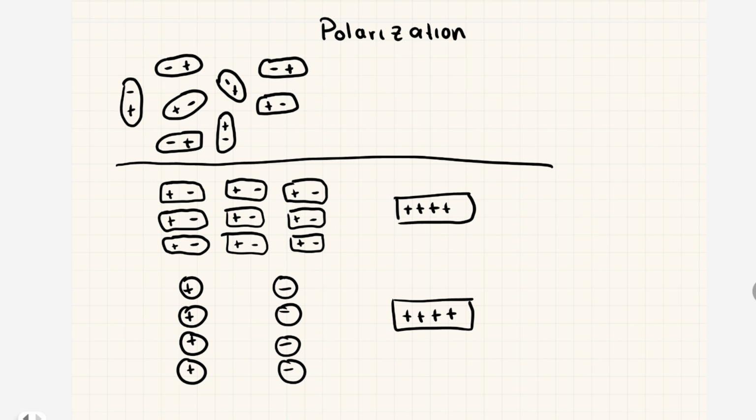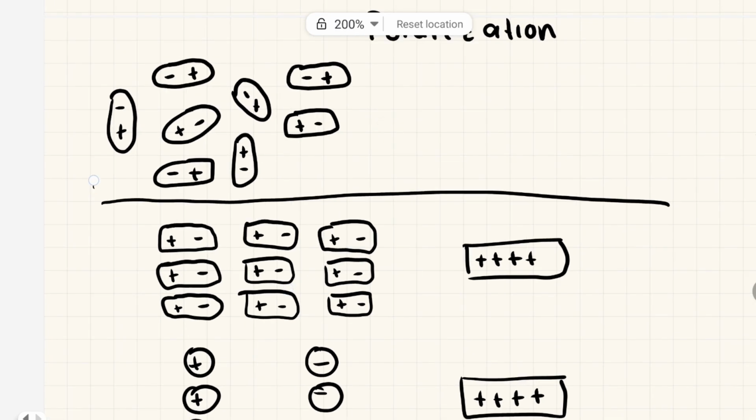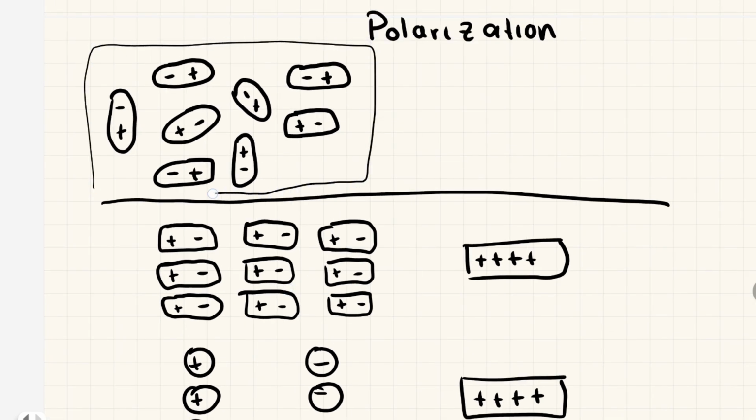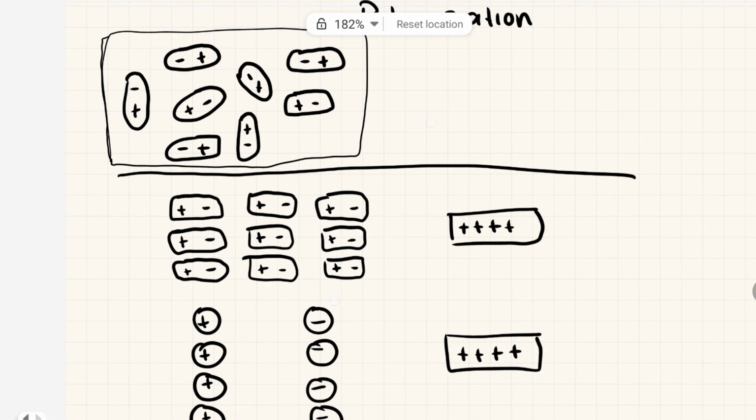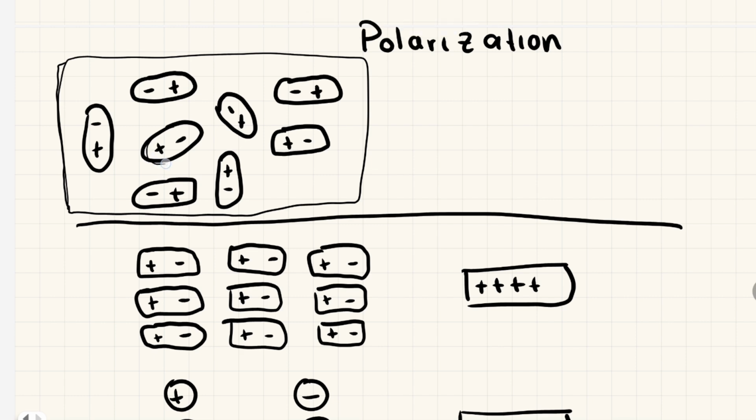Okay, we will be thinking that the dielectric material that we are working with will be made of dipoles. Okay, but what does that mean? Well, look at this figure that I have here. This could be a random material, but these things that I have here are the molecules that compose that material.